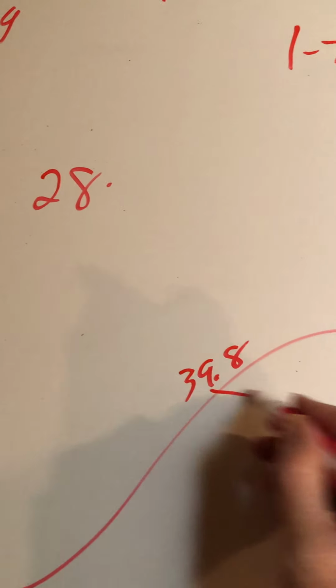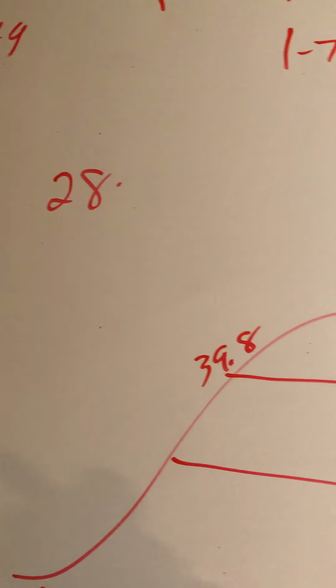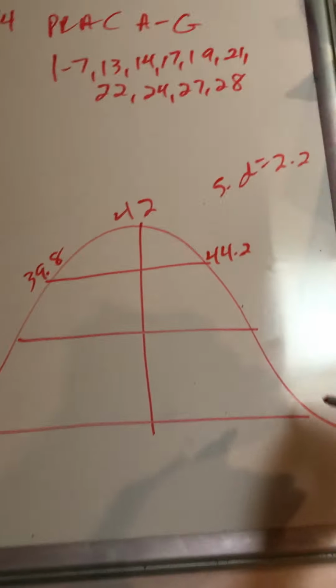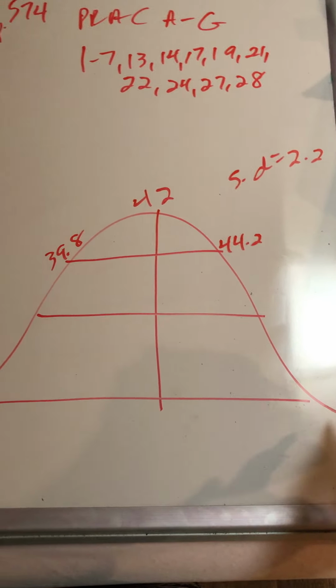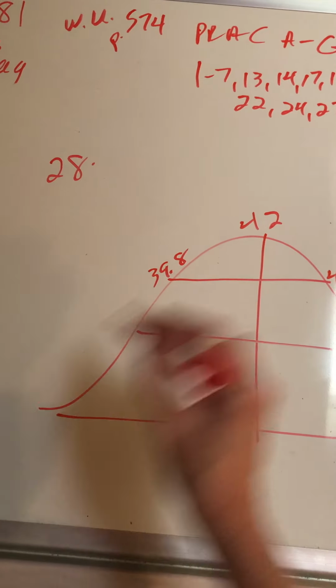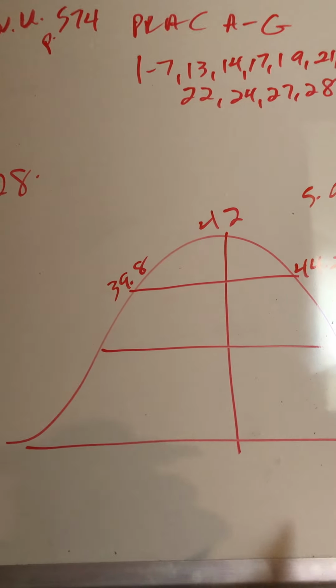And then make sure you put the percentages in. You've got 3 percentages to put in, and you got to put these other numbers. So you need to add 2.2 again and again, and you need to subtract 2.2 again and again and put the percentages in. And that's it on 28.